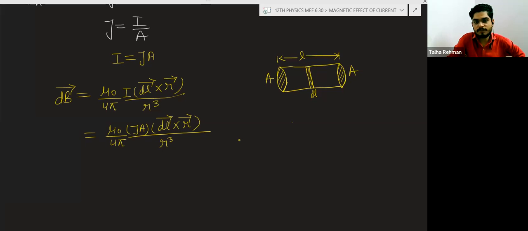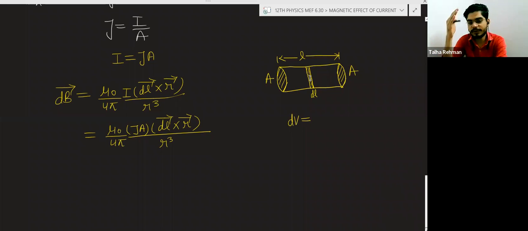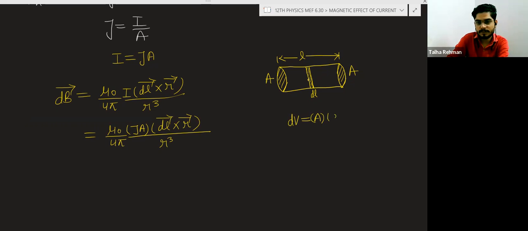Volume is area into length, so you cut the cylinder and get the area A, but the length will be dl. So a small volume of the cylinder can be given by A into dl; dV is the small volume.